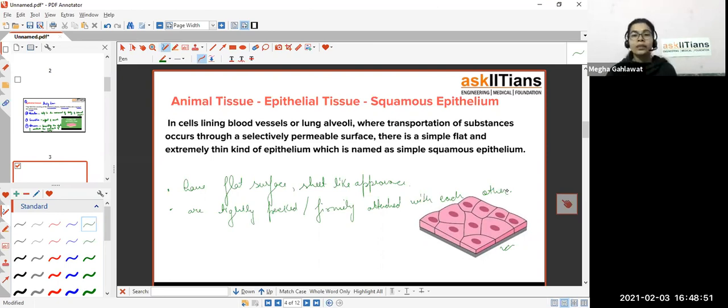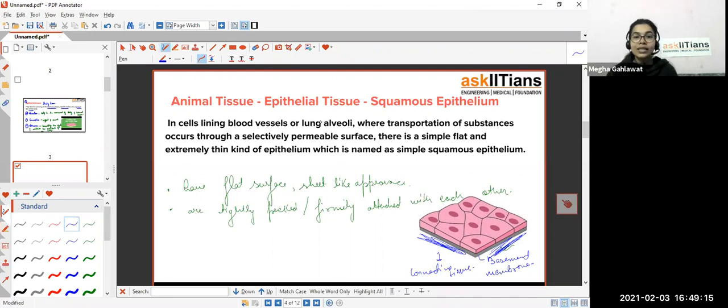So we have this gray structure that you're seeing right here. This is called the basement membrane, right? And underneath this basement membrane we will have the connective tissue. That is about the structure. Okay, now back to the functions.